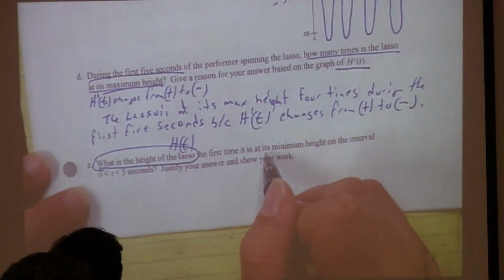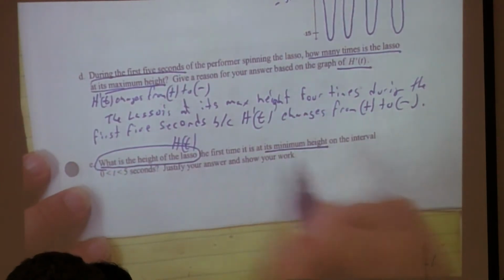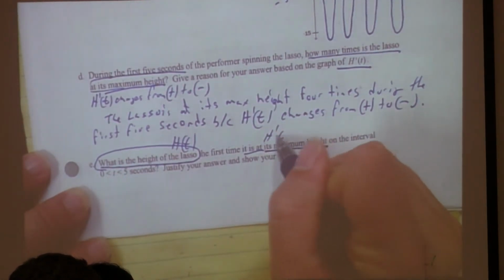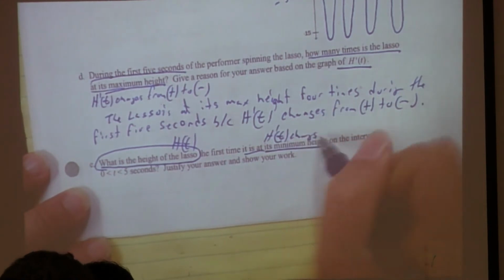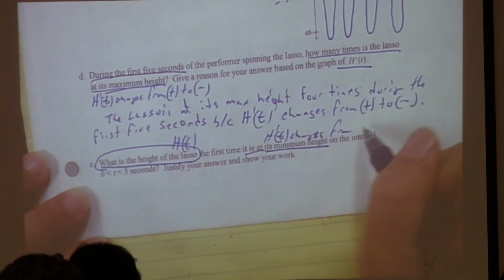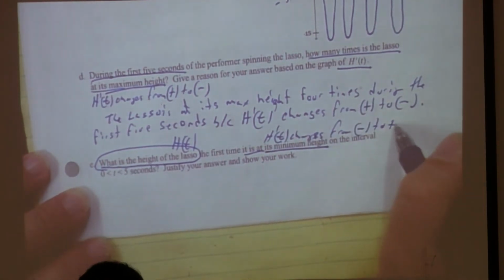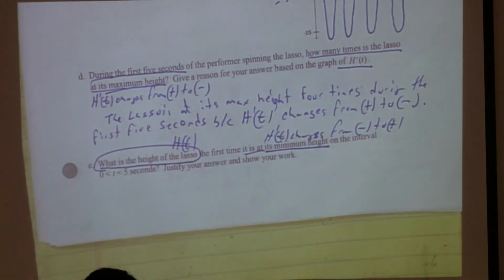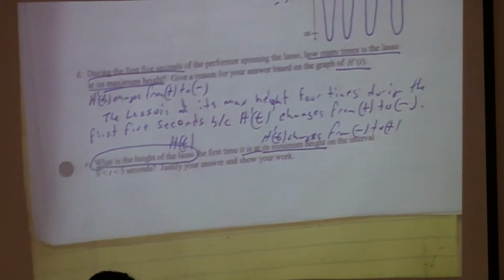And how am I going to know the first time I have a minimum? H prime of t changes from negative to positive. Now it does that multiple times, but we want to know the first time that it does that. So by looking at the derivative graph that we have, when does that happen?